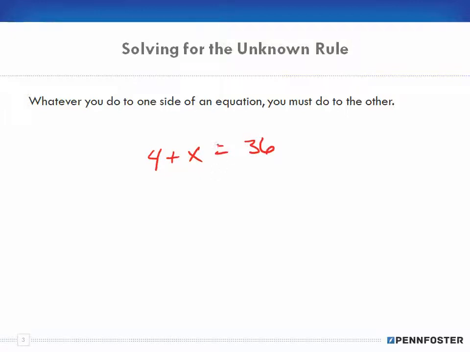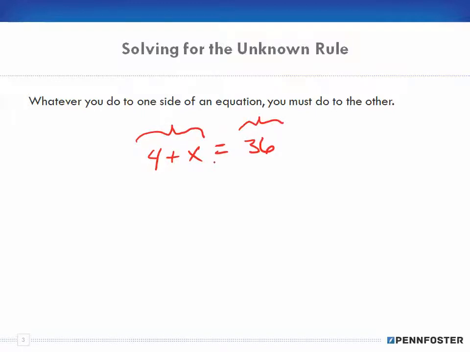It doesn't matter. We're just talking about the solving for the unknown rule. Whatever you do to one side of an equation, you must do to the other. The equation is represented by the equal sign, so whatever I do to this side, I have to do to this side.